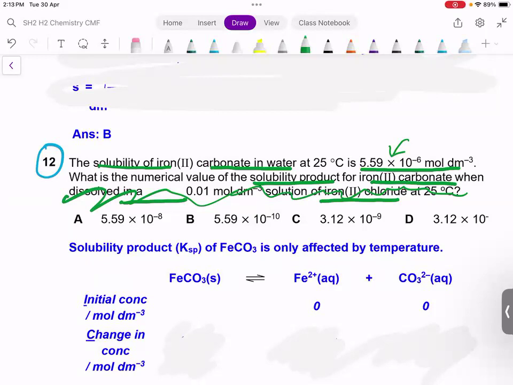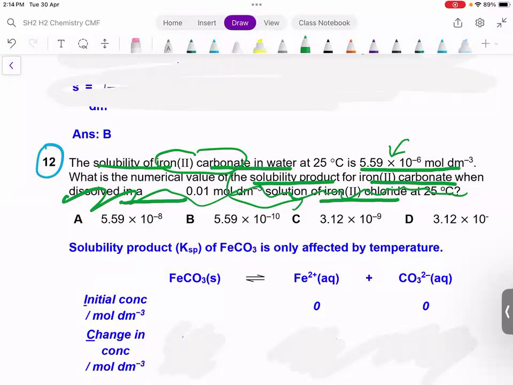No need, because Ksp is not affected by whether there's common ion or not. Yeah, so definitely when you put iron 2 carbonate in iron 2 chloride, the solubility will decrease, right? Am I making sense or you are confused? So solubility will be affected, but Ksp will not, because Ksp only depends on temperature.